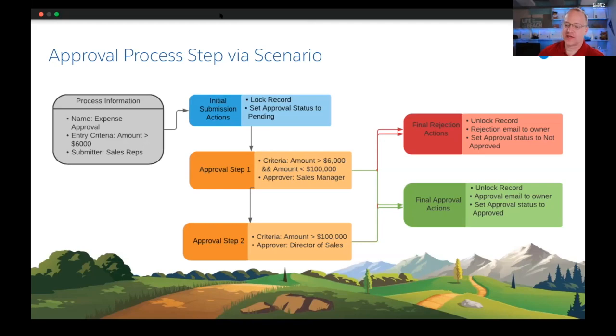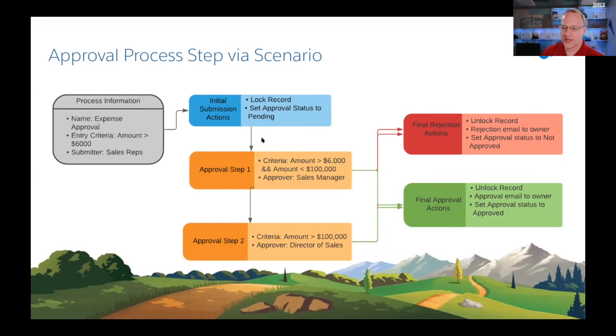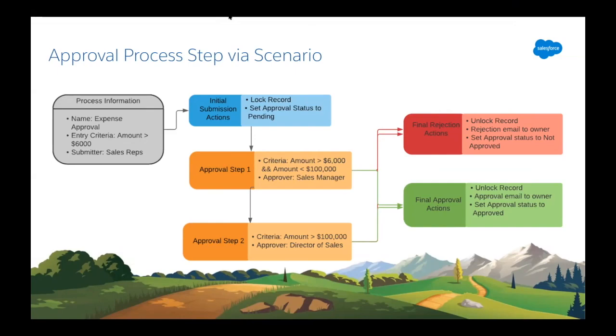So let's say I'm the sales manager and I wanted to have on my user record, Meredith, I wanted you to be my delegated approver. That just means that you could approve the process on my behalf. Okay, so it's not set per approval process, it's an individual choice on the user side. Okay, cool, thank you.